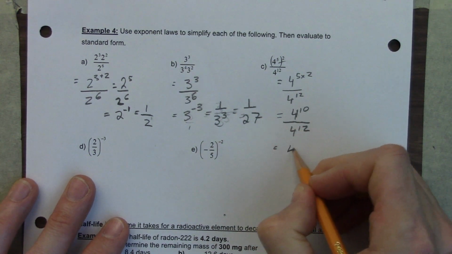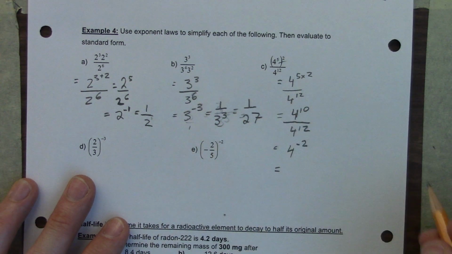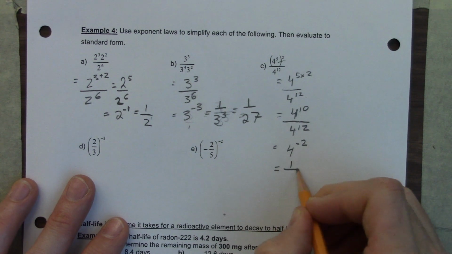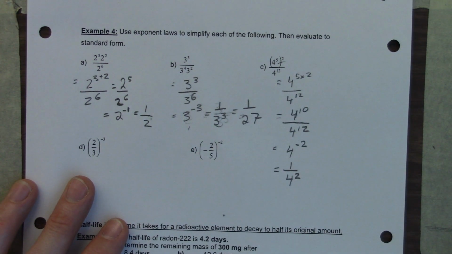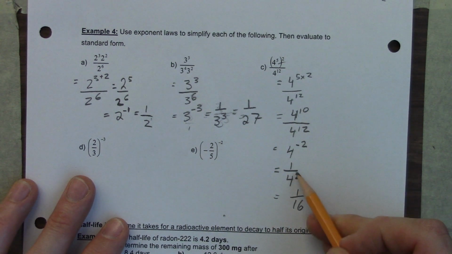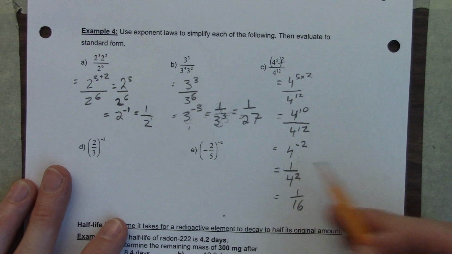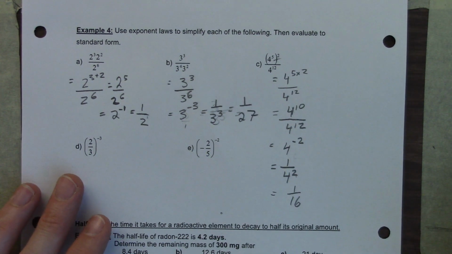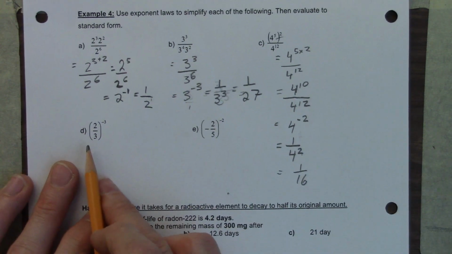Yeah, so what am I going to get? 4 to the exponent of? Negative 2. Now what do I do? Yep. Yeah. Good. Make sure when you flip, that exponent comes down with the 4. Don't put the square up here. That'll mess you up. 1 over 16. All right.